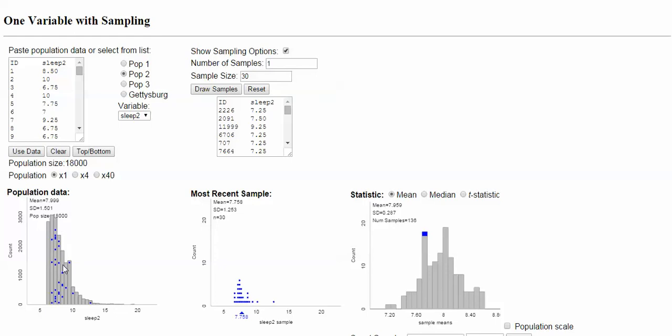If the population is skewed, then the sample means follow a skewed shape if you're using a small sample size, and they form a roughly normal shape if you're using a large sample size. So if the population is normal, sample means are always normal. If the population is skewed, the sample means are skewed using a small sample size, and are roughly normal using a large sample size.